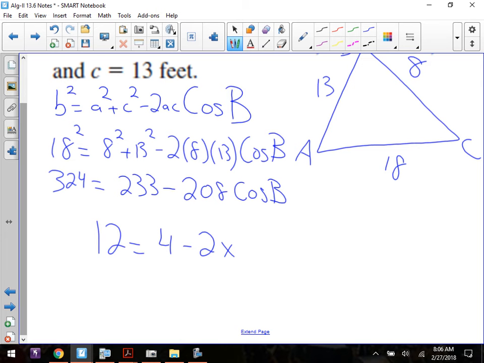That's the same problem. Exactly. The concept between solving it is the exact same. Okay? If you were going to solve 12 equals 4 minus 2x, what would you do first? Subtract 4 and then divide by negative 2, right? Well, that means what am I going to do here?